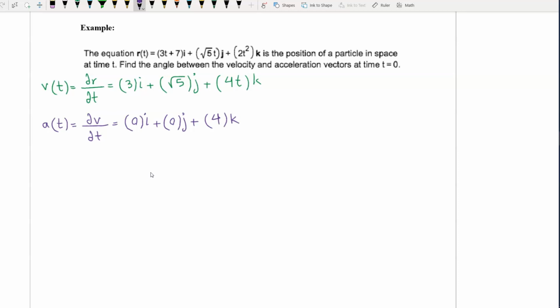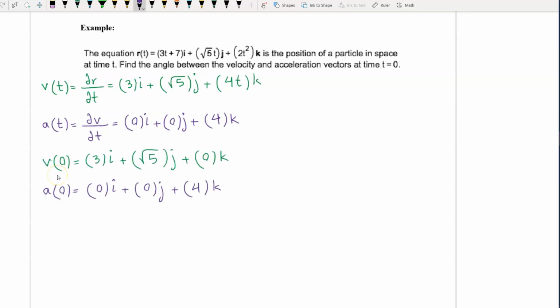Now instead of t, we're going to use 0 because what is given here was t equal to 0. And find what we have for velocity and acceleration. So here velocity when t is 0 is equal to 3i plus square root of 5 j plus 0k. And acceleration when t is 0 is equal to 0i plus 0j plus 4k.